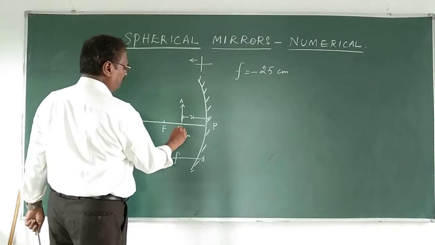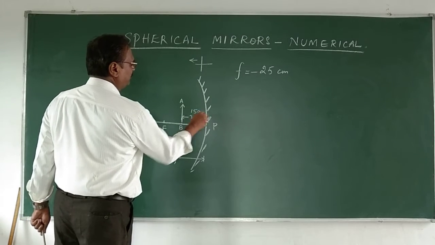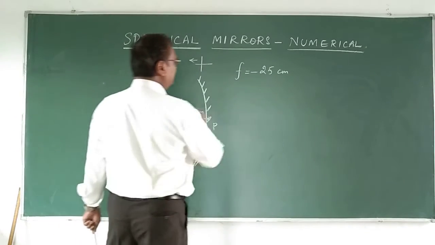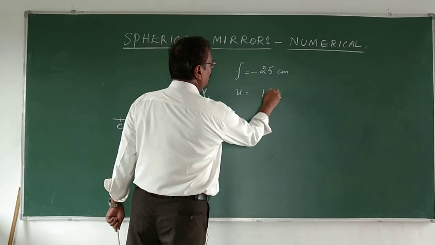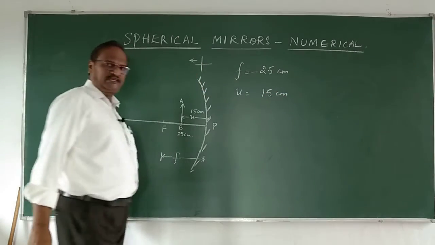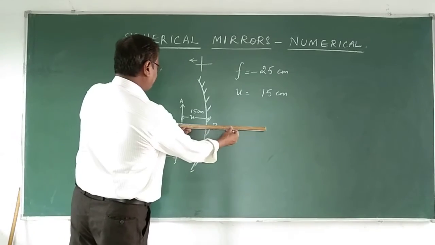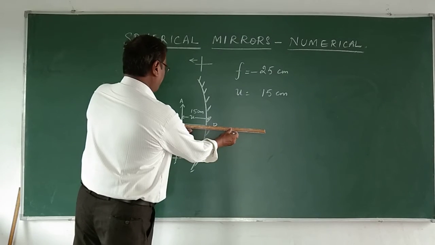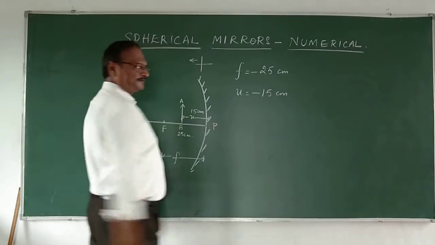AB is the object, and it is lying at a distance of 15 centimeter. So u is equal to 15 centimeter, and it is falling on the left hand side, so naturally it is going to be negative.